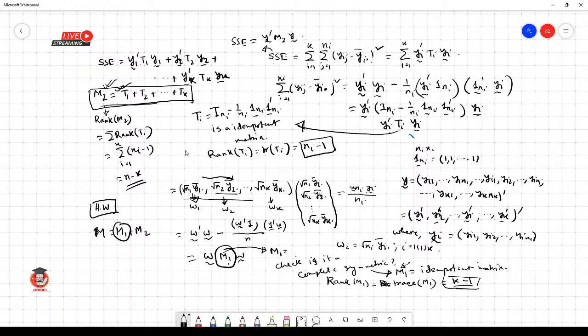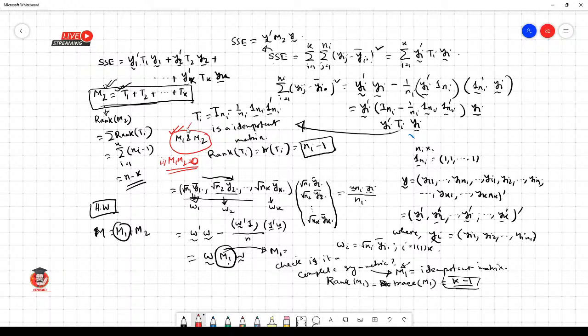So this is your homework. You see that here M1 and M2, these two are idempotent matrices. So using Cochran's theorem, M1 M2 equal to 0, the null matrix, this condition is also satisfied. You just need to show that M1 and M2 are idempotent. I think it is easy to see.